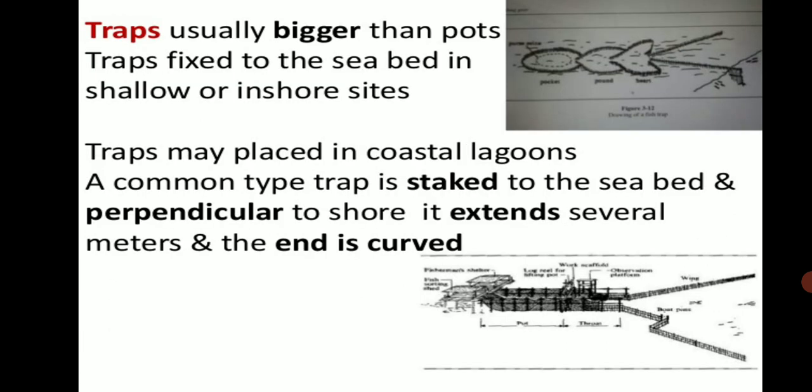Traps are usually bigger than pots. Traps are fixed to the seabed in shallow or inshore sites. Traps may be placed in coastal lagoons. A common type of trap is staked to the seabed and perpendicular to shore. It extends over several meters and the end is curved.